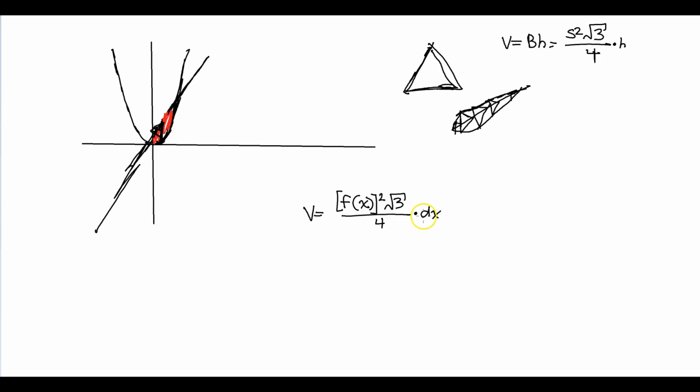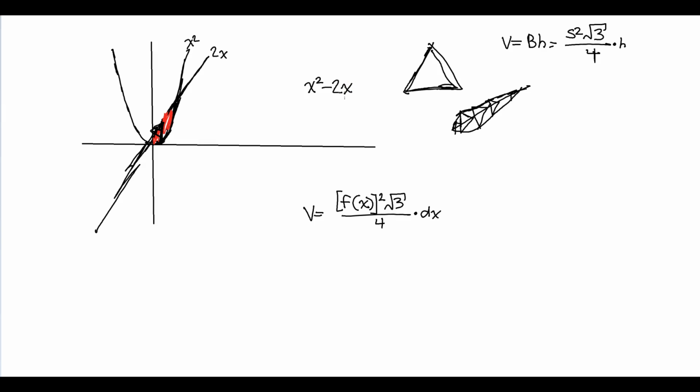Now what is f of x? f of x is neither x squared nor 2x, which are both of our curves, but rather the distance between them. So x squared minus 2x.